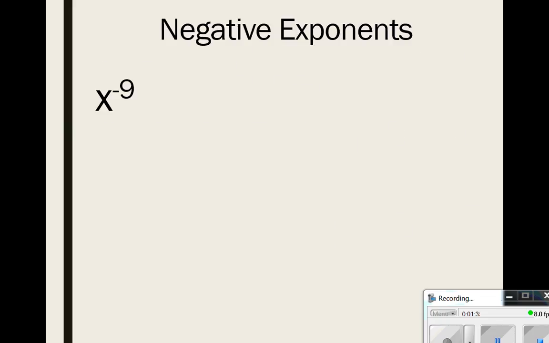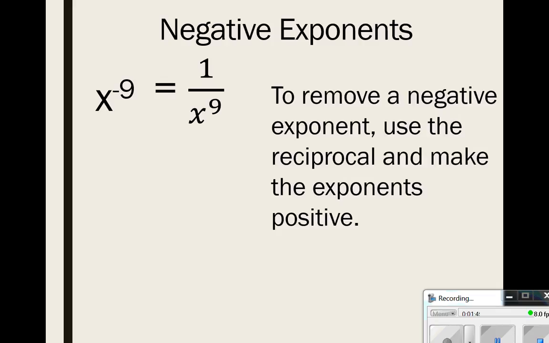Now for your negative exponents, this also goes with a pattern that I'll show you on the board. But you cannot have a negative exponent as a final answer. So when you have a negative exponent, you're going to use the reciprocal to make that exponent positive. You're removing the negative by flipping it over to make the exponents positive.